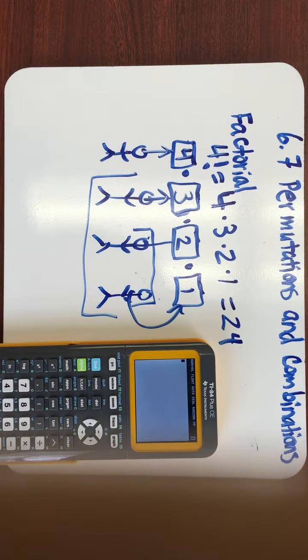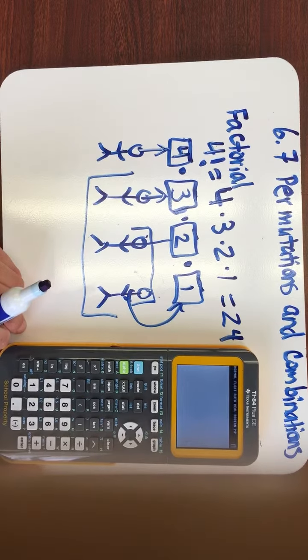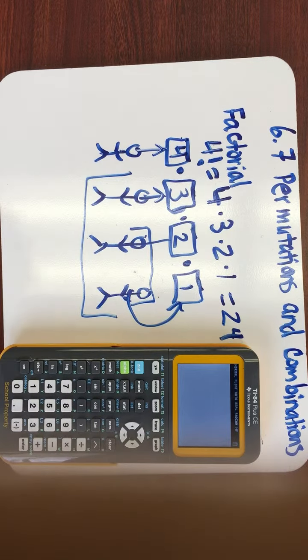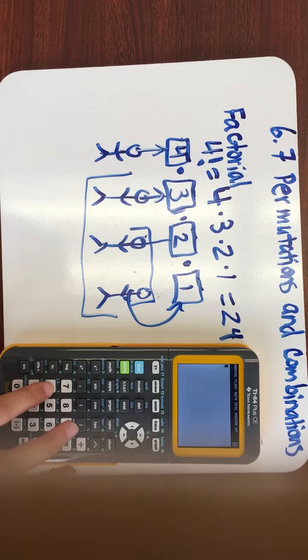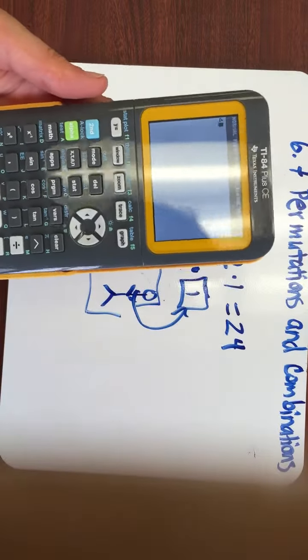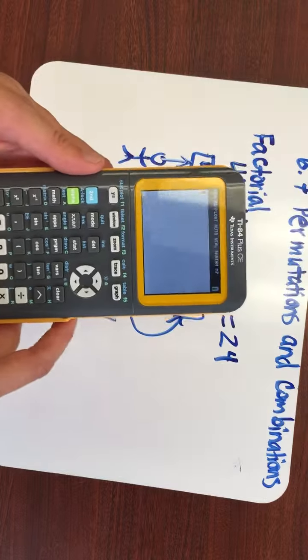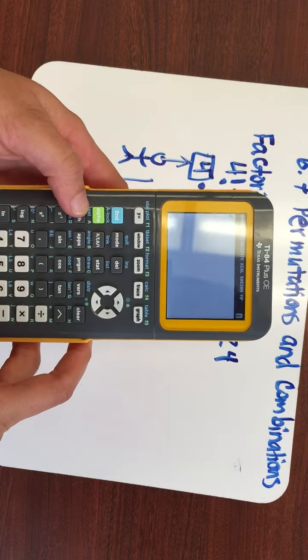To use this, we are going to press in the number that we want to find the factorial of, 4. And let me make sure you can see this. Then we're going to click on Math.